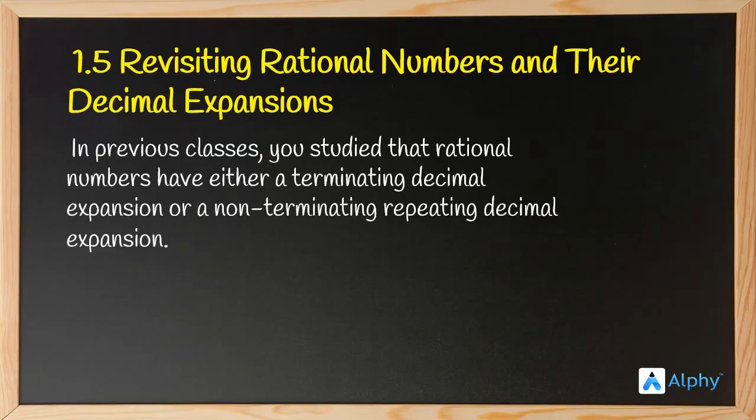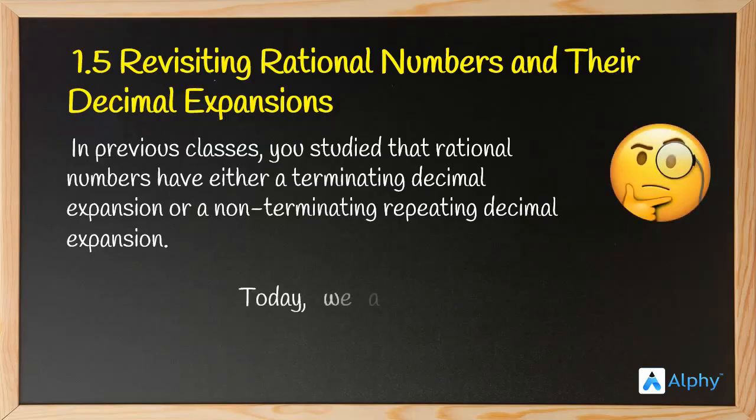So you might know that rational numbers have a terminating decimal expansion, which means that when you divide and try to express them in the form of decimals, the decimal expansion stops at a certain point, and non-terminating means that it keeps going on and on and on.